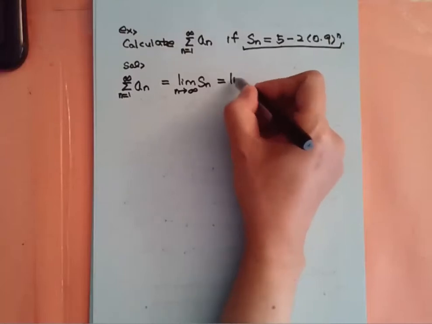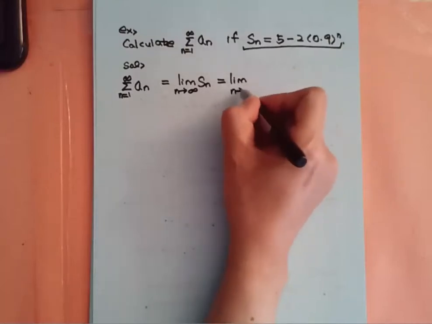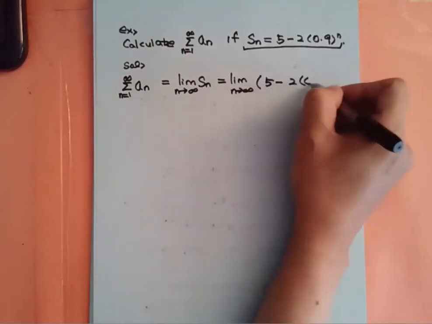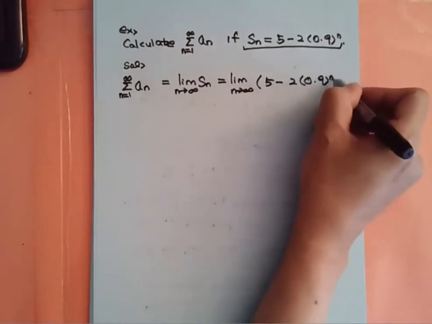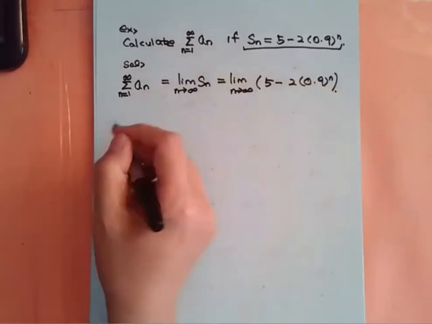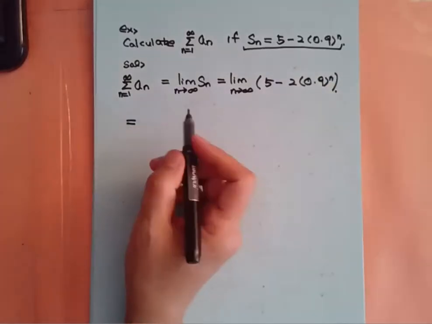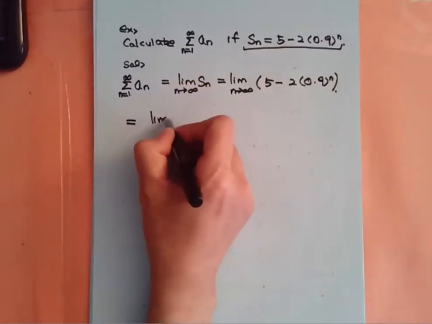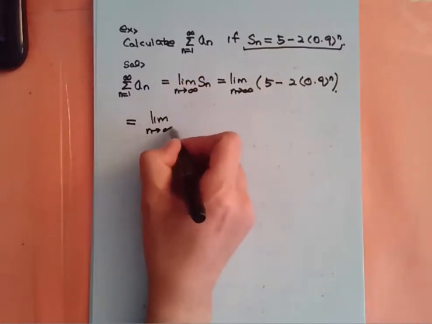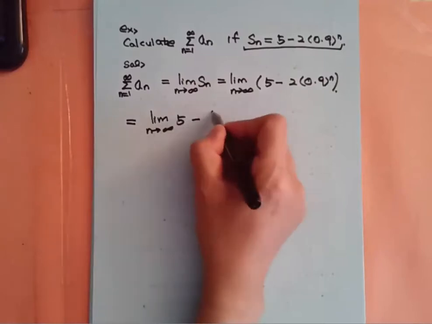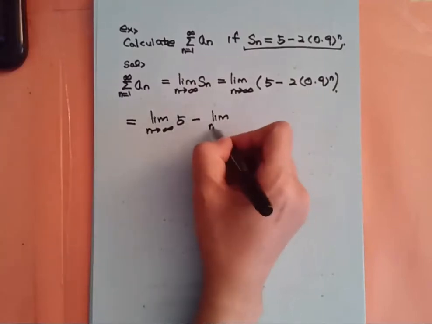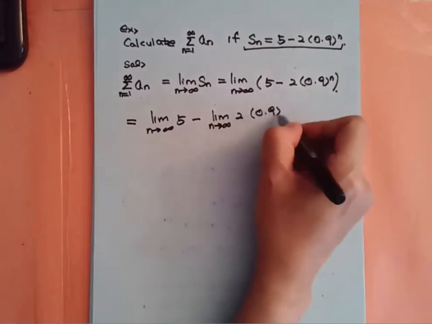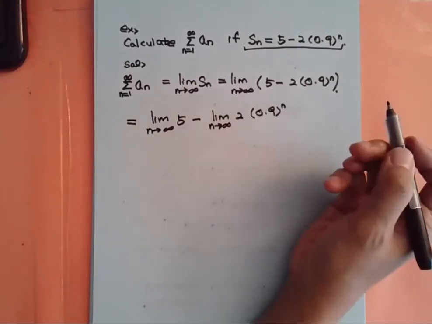So the limit as n goes to infinity of 5 minus 2 times 0.9 to the n power. We can just distribute the limits. So the limit as n goes to infinity of 5, minus the limit as n goes to infinity of 2 times 0.9 to the n power.